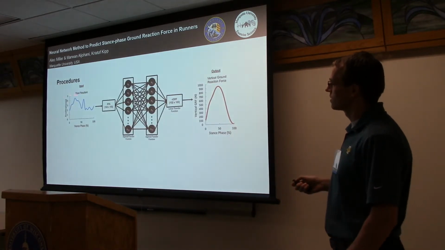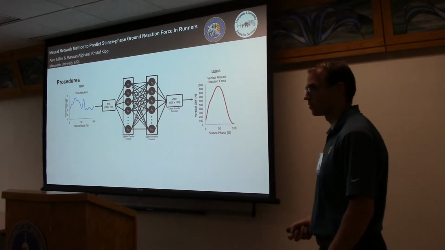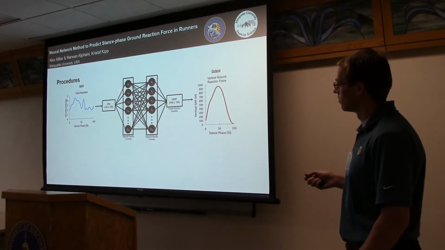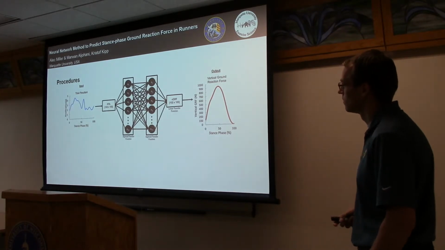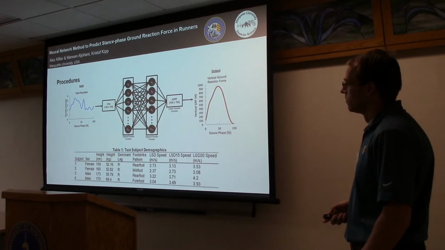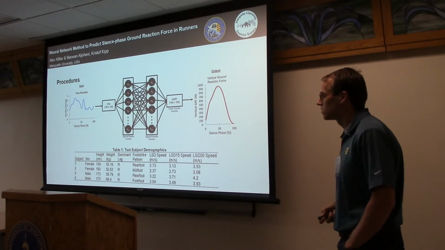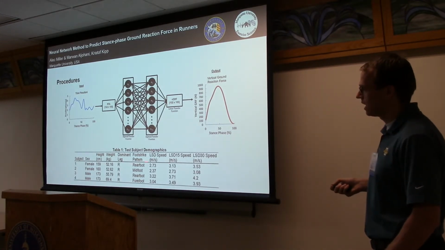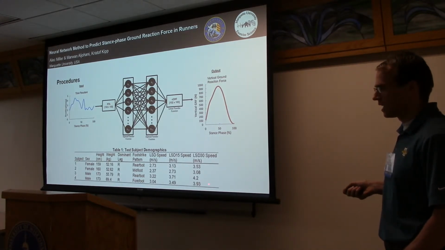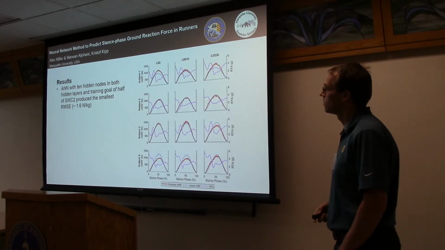And so this is kind of what this looks like, where our input is the accelerometer data from the tibia, so just attached to your shank essentially, feeding that into our two hidden layers, and we're trying to predict vertical ground reaction forces. We did this for about 30 some runners at different running speeds and different foot strike patterns, and we withheld data from 2 females and 2 males with different foot strike patterns, and at 3 different running speeds that we then used to test the network.